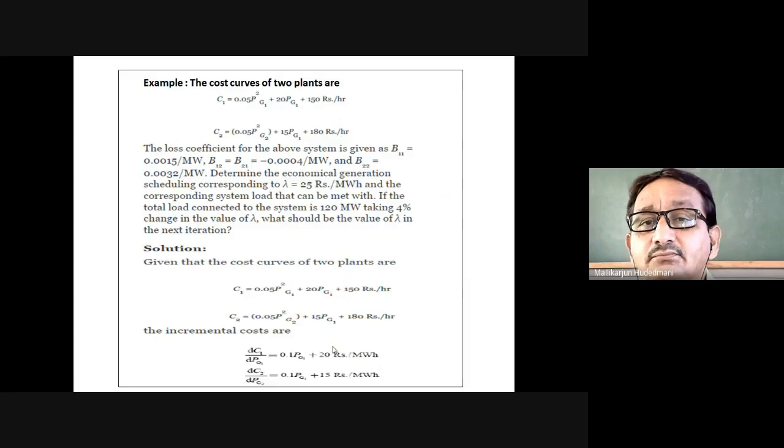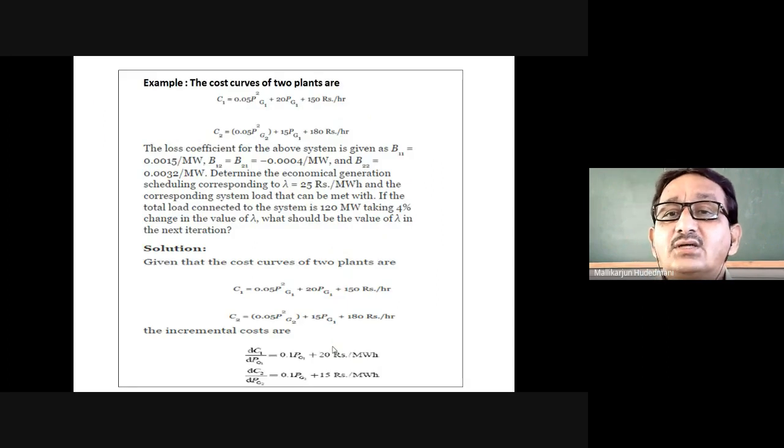Okay. Next. The cost curves of two plants are given like this, C1, C2 in quadratic form. Again you have been given B coefficients. Then you have been asked to determine the economic scheduling corresponding to 25 rupees per megawatt hour.